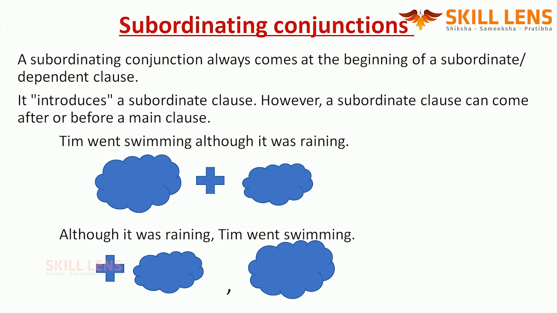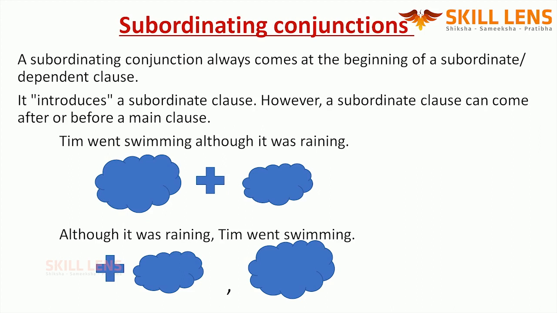It introduces a subordinate clause. Now it can either appear at the beginning of the sentence or in the middle of the sentence. Let's take this example. Tim went swimming although it was raining. Tim went swimming is an independent sentence. It's the main clause, right?